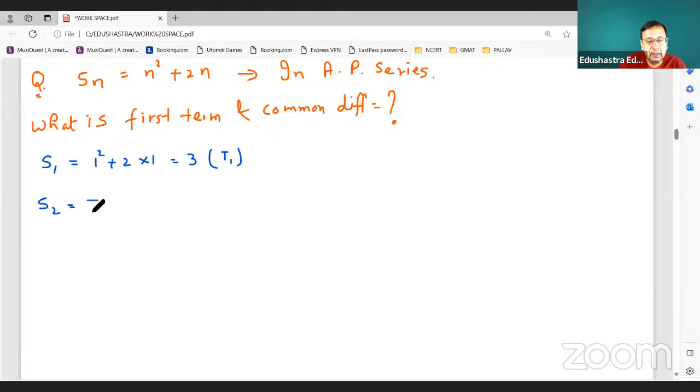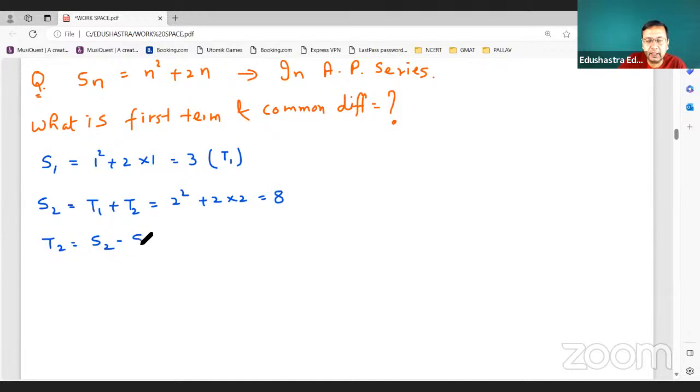Now come to the sum of two terms. So this is T1 plus T2, right? Sum of two terms is what? 2 square plus 2 into 2. So this is 4 plus 4, 8. And I want to calculate the second term, right? T2 term. So what is T2 term?